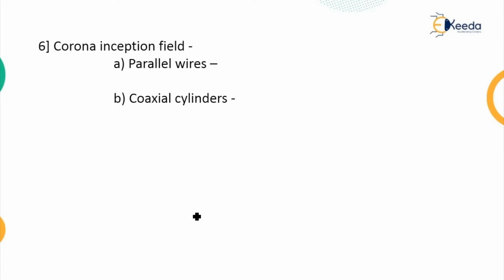Apart from these 5 points, there are few more points which can be noted here, as this particular corona depends on the voltage called the inception voltage. So this inception voltage, that is corona field, for parallel wires of radius r can be given by the equation E_p equal to 30 m d multiplied by 1 plus 0.301 divided by root of d into r.